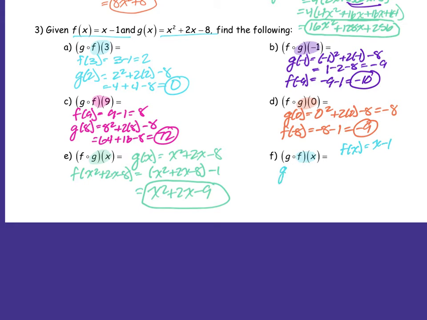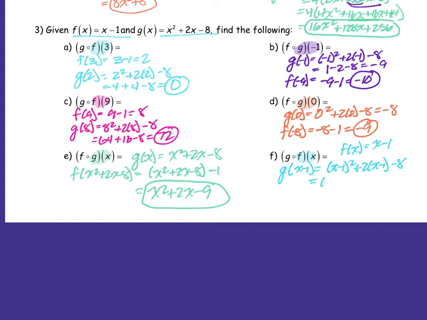And then I've got g of x minus 1, which is going to be x minus 1 squared plus 2 times x minus 1 minus 8.